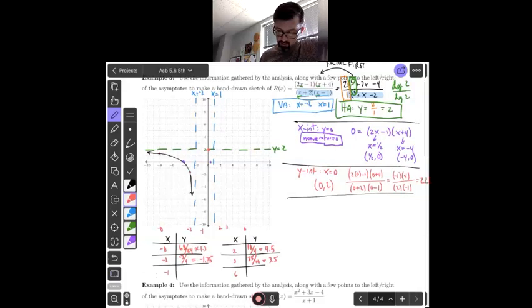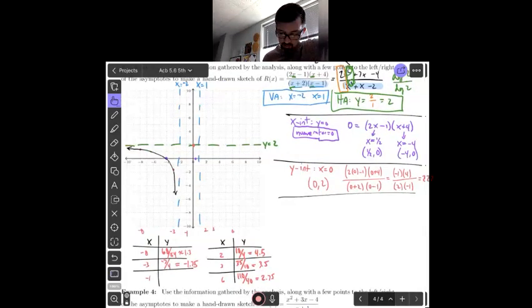Plugging in 6, I get 12, 11, plus 10, so I get 110. 8, 5, 40. 110 divided by 40 is whatever 11 divided by 4 is. 2.75. So now I can do the right side.